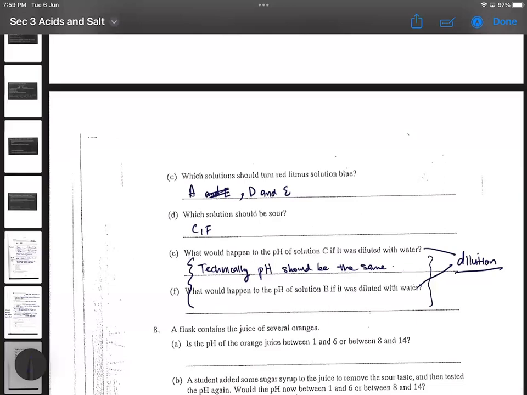This is more or less will happen. So if the pH actually does change, due to the addition of water, this can be the simple explanation.